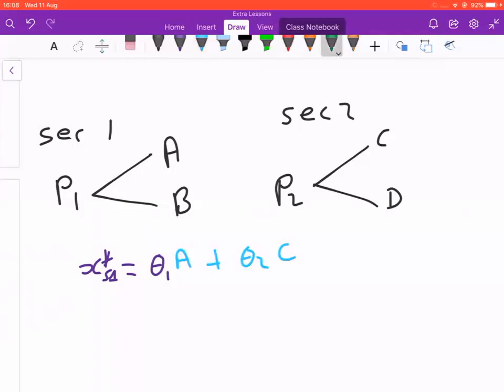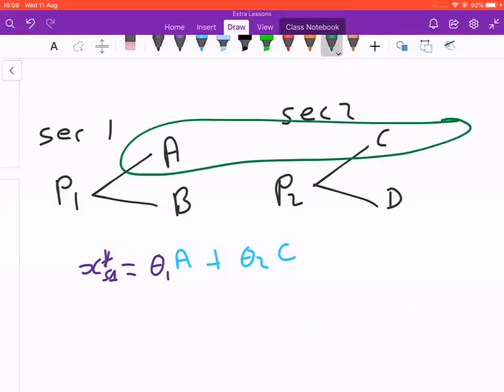So the payoff will depend on the state. Only one state will happen. Either state one will happen or state two will happen, right? This is for state one.